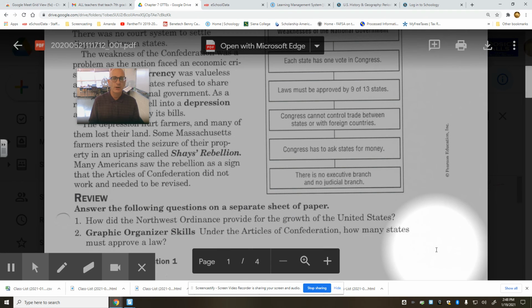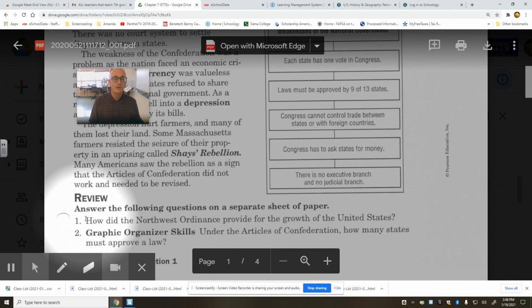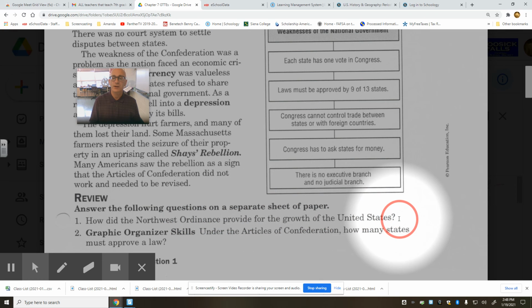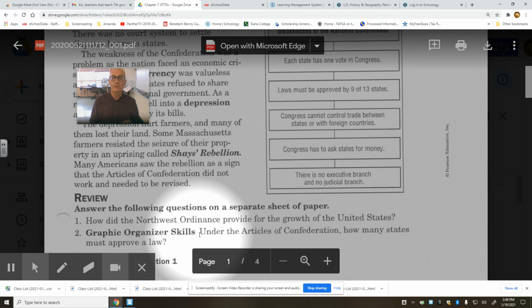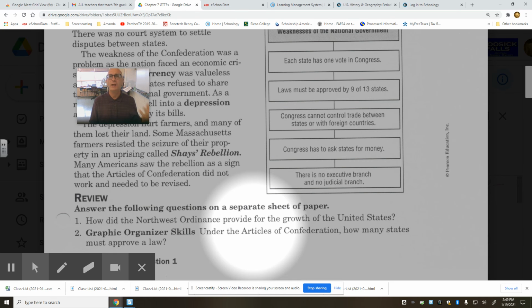So looking at our questions on this class's reading, Chapter 7, Section 1, question number 1 is how did the Northwest Ordinance provide for growth of the United States? How do we become a nation of 50 states when we started out as a nation of 13 states?